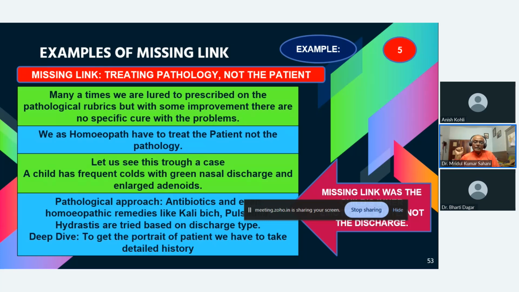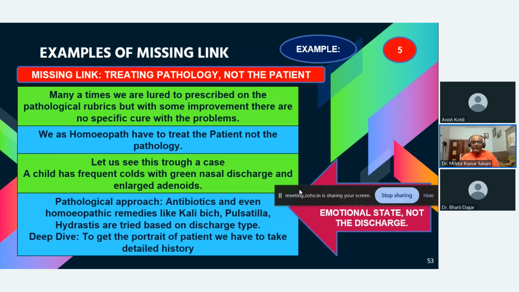A child has frequent colds, green nasal discharge and enlarged adenoids. With the pathological approach, antibiotics were given, and homeopathic Calcarea bromata, Pulsatilla, Hydrastis were tried based on the discharges.